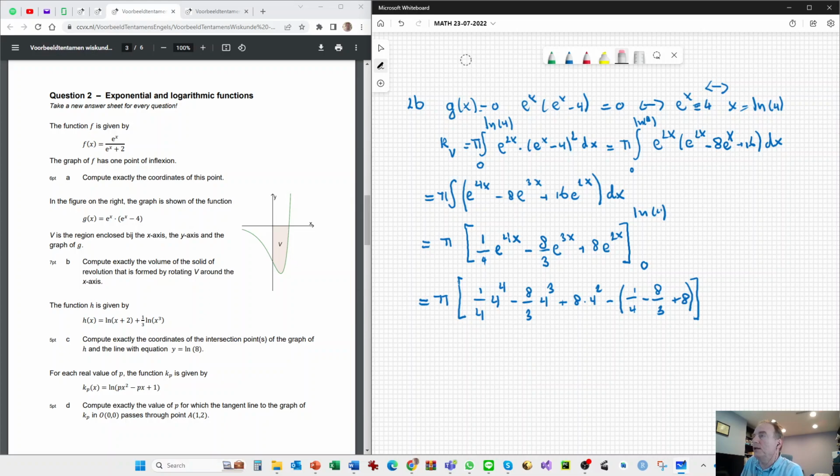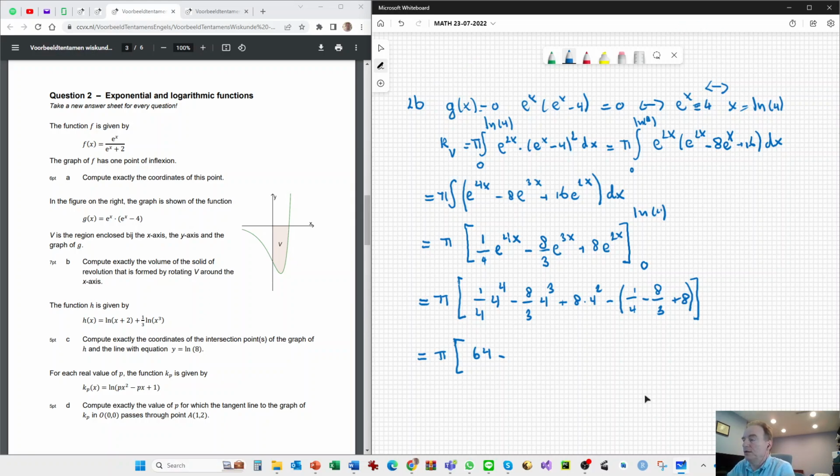Including the lag on Microsoft Whiteboard. Okay, I get here, this is 4 to the power 3, which is 64. And this is 64 times 8 divided by 3.